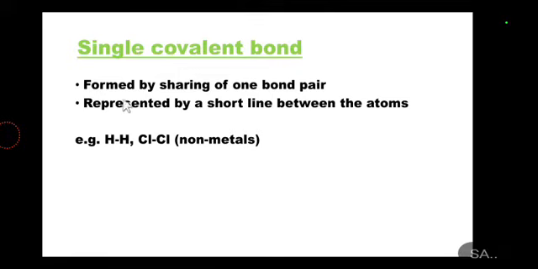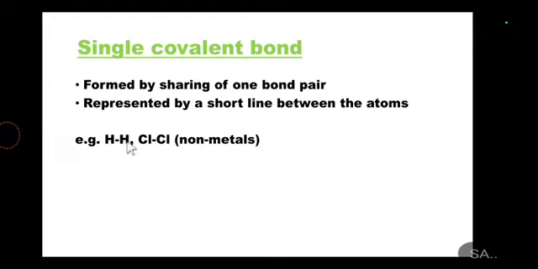A single covalent bond is formed by sharing of one bond pair, and in a pair there are 2 electrons. It is represented by a single straight line between the atoms. As you can see here, these are nonmetals.